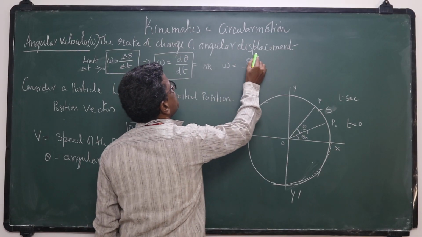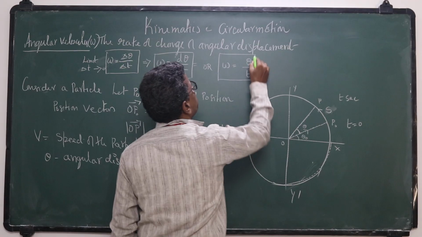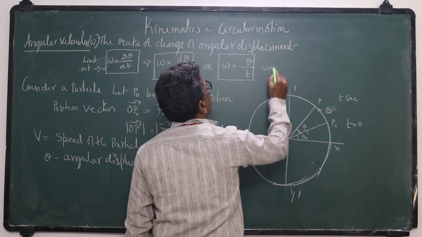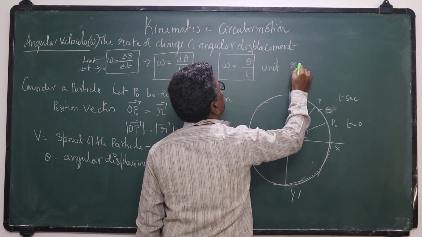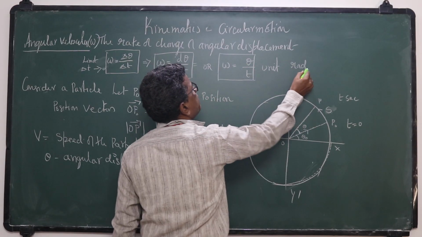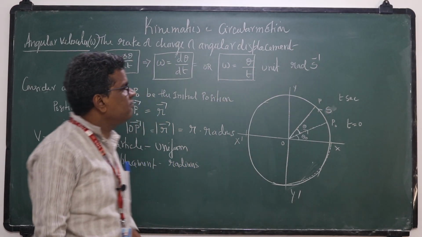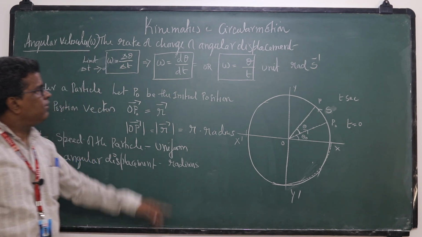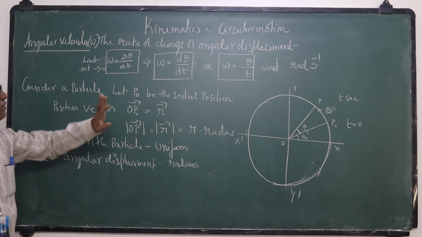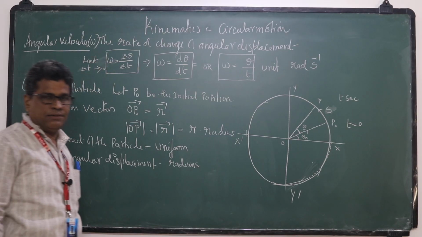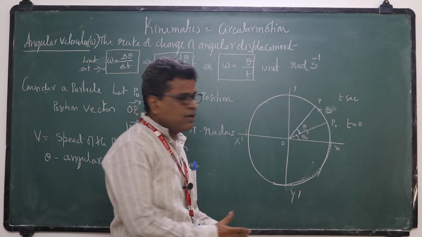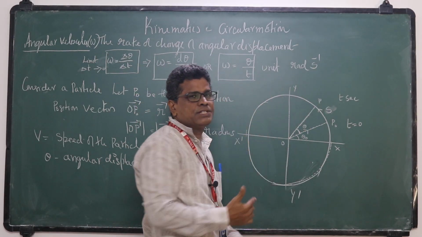Its unit: theta is measured in radians, time is measured in seconds, so radian per second, rad s inverse, is the unit of angular velocity. This is a vector quantity. Its direction is perpendicular to the plane of rotation.